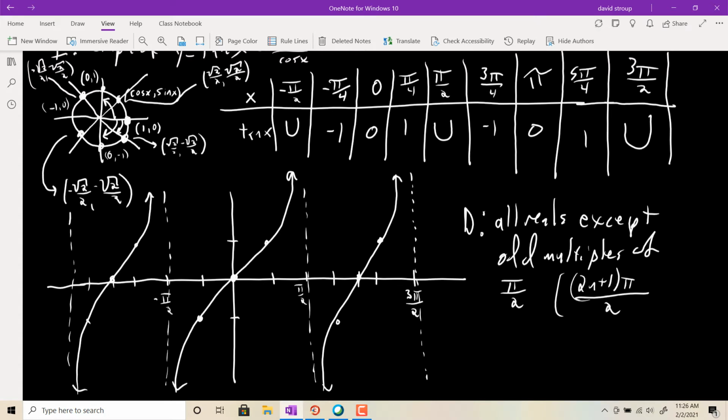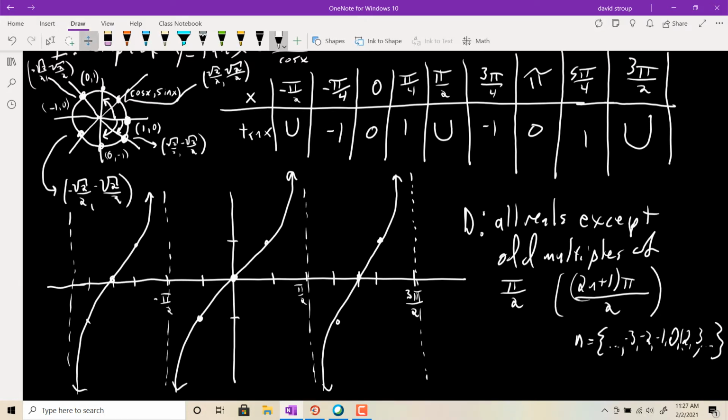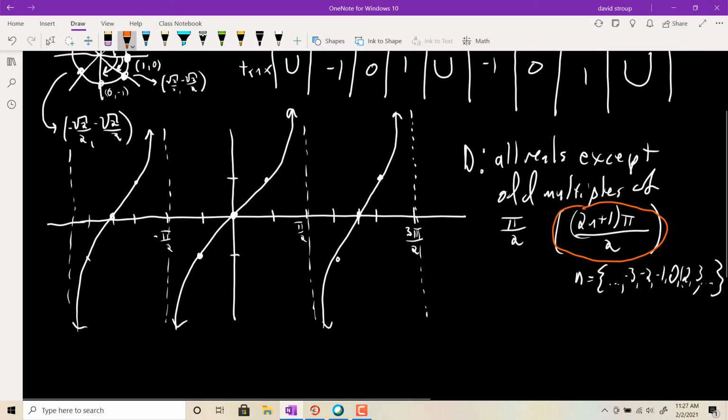And if you let n be one of the counting numbers or the negative counting numbers or even 0, so n is dot dot dot, negative 3, negative 2, negative 1, 0, 1, 2, 3, dot dot dot, if n is in that set of numbers, then this object that I just put in the parentheses will give you odd multiples of pi over 2. So there are ways to write it, it's just we don't have time to develop the notation.